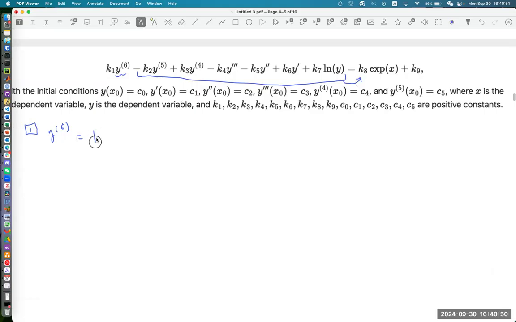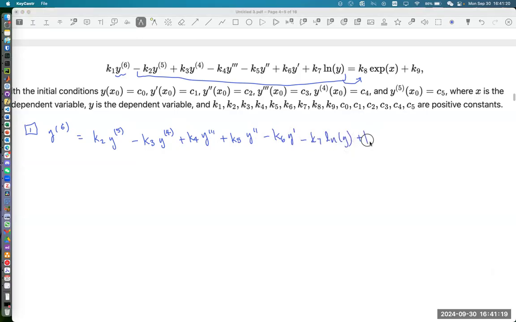So we have plus k2 y 5th derivative minus k3 y 4th derivative plus k4 y 3rd derivative plus k5 y 2nd derivative minus k6 y derivative minus k7 natural log of y plus k8.